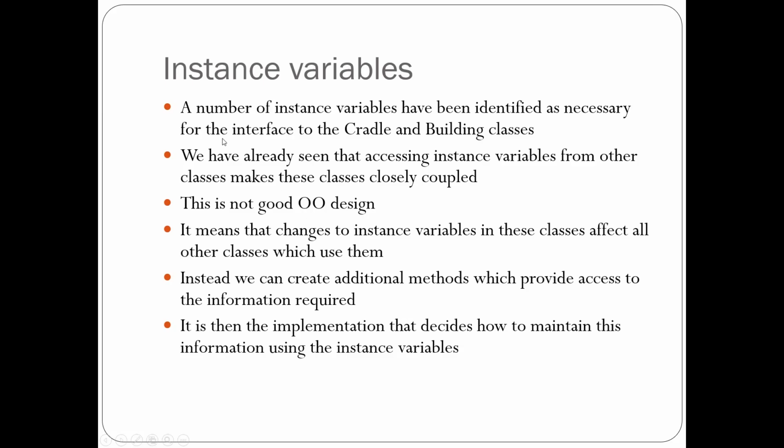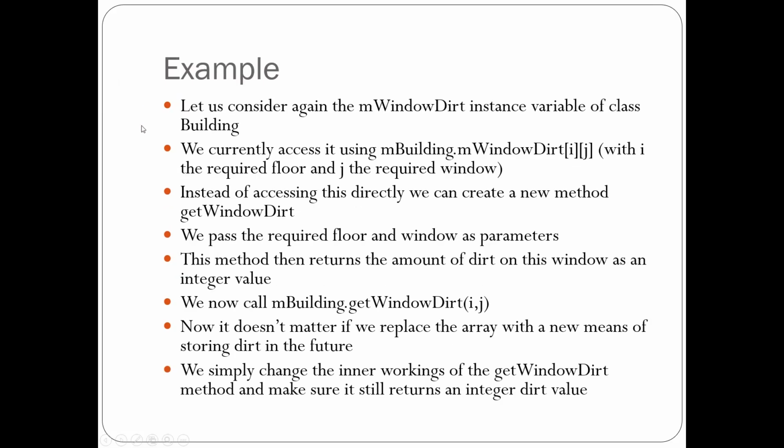And the way we do it is by accessing values indirectly. Okay, and an example of how that works, we're going to have a look at it in a minute anyway, is the mWindowDirt instance in building.